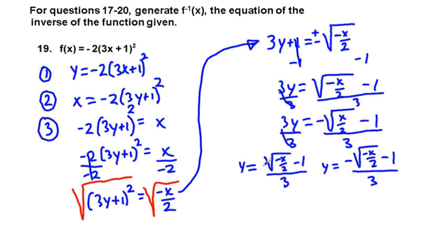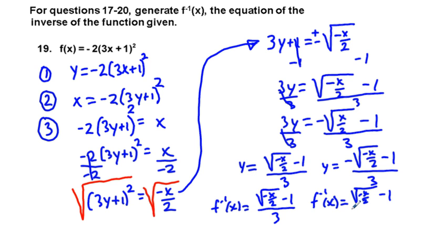And the last step, we're going to take the inverse function notation. So f negative 1 of x is equal to the square root of negative x over 2 minus 1 over 3. And also f negative 1 of x is equal to negative the square root of negative x over 2 minus 1 over 3.